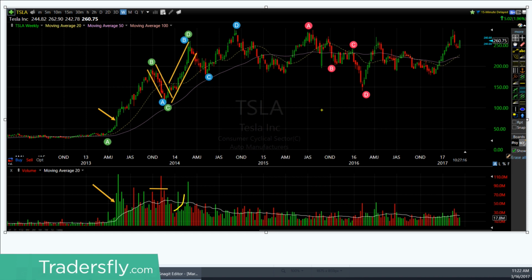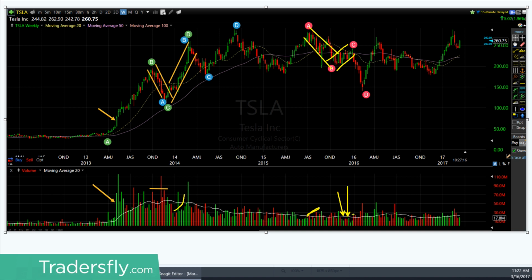Now, this is the same thing when it happens to the downside. So if we take the 2015 movement to the downside right here, the A to B, you can see that the red volume is picking up. The bearish volume, or the big sticks on the red bars, are picking up. As we get this retracement, which is the B to C, which moves to the upside because this is a bearish pattern, you can see the volume is very light.